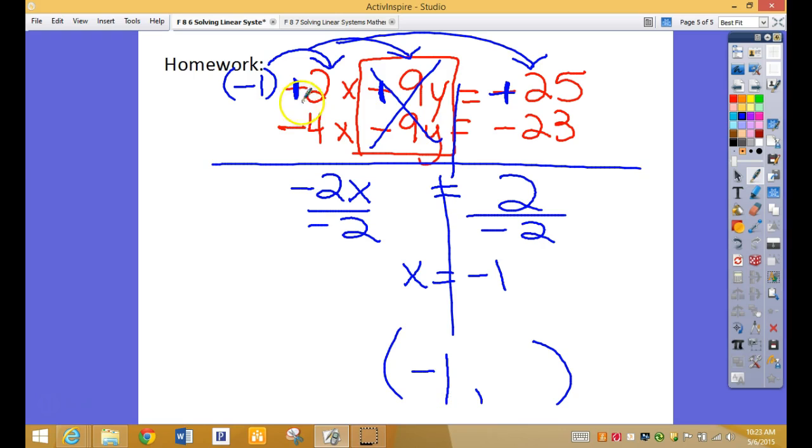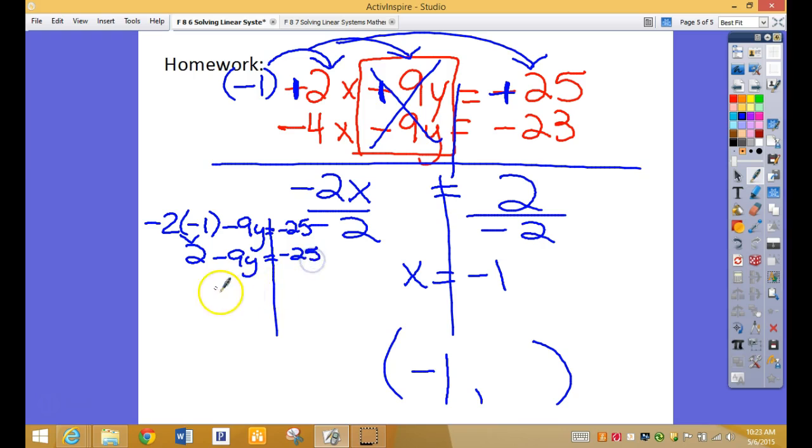All right, let's go up here, use an original. What do you want to use? -2 times x, which is a -1 now. Well, that's the original. Minus 9y equals a -25. It's -2 times -1. +2 minus 9y equals a -25.